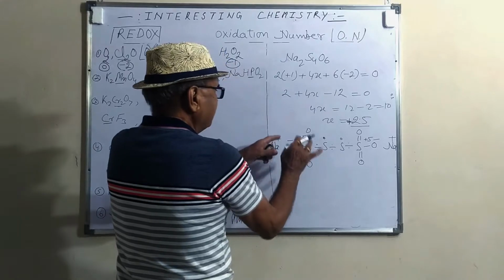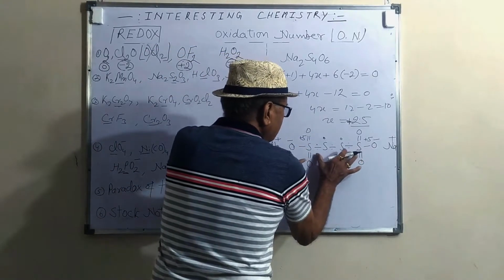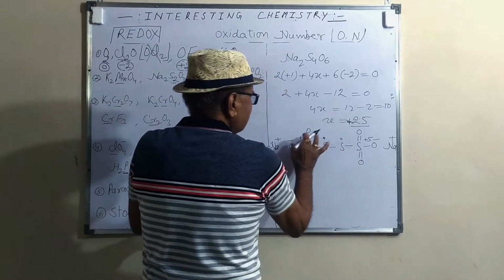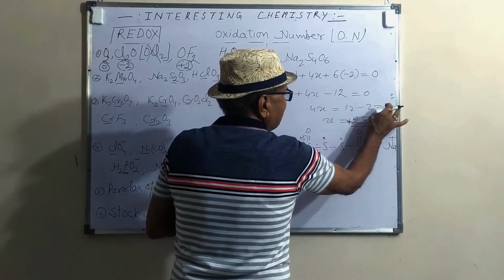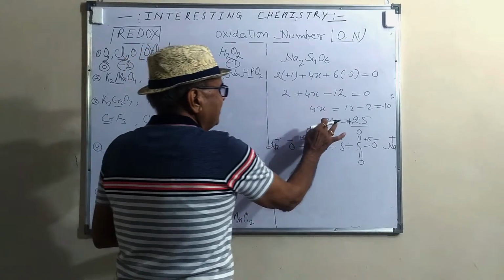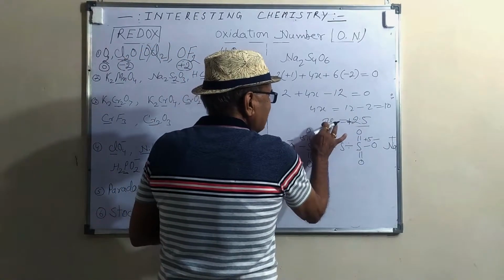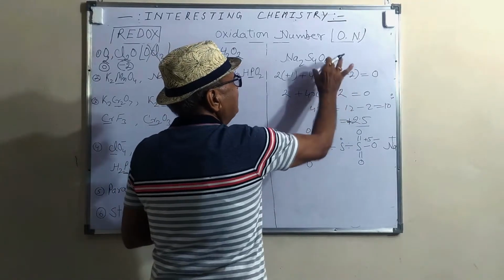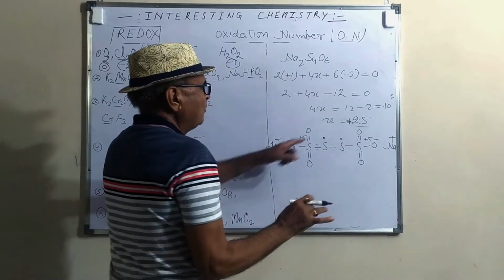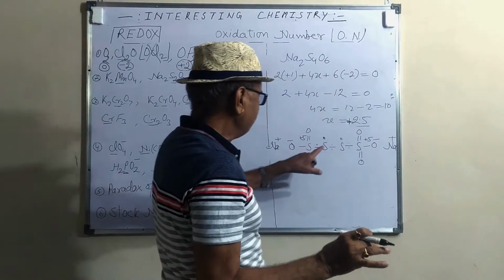Both of these sulfurs have a total of 10. Then the average oxidation number of the sulfur will be +2.5.